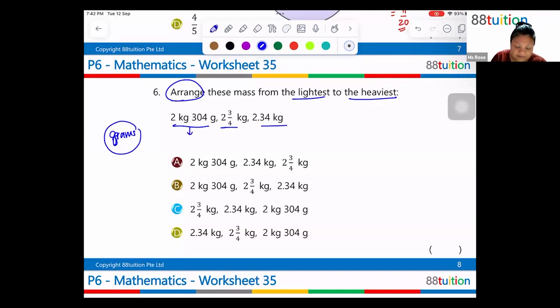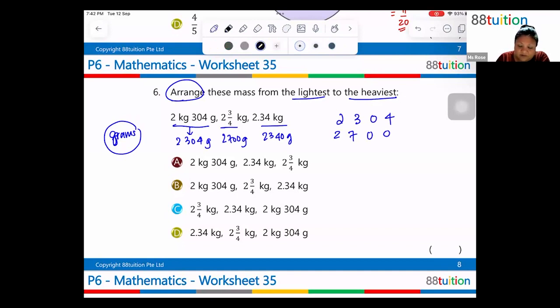So we will have 2,304. This will be 2,700 grams. And lastly, 2,340 grams. So if I were to arrange them in order of their place values, okay, sorry, my conversion is not correct. This is 2,750.